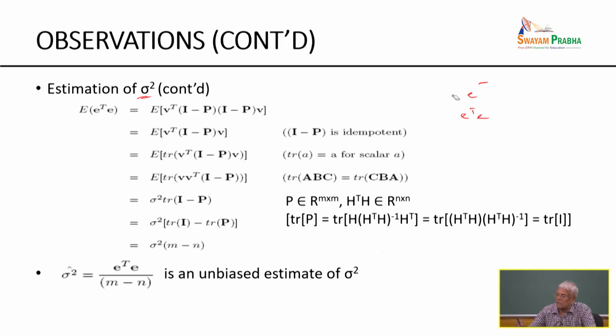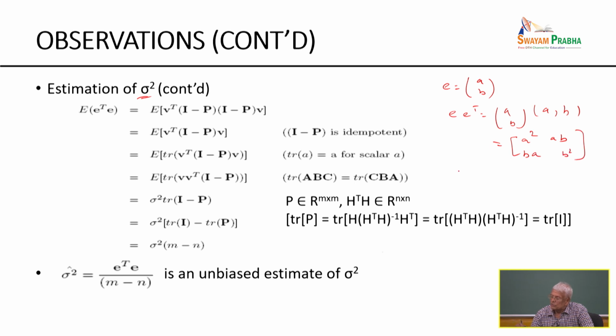I'm going to give you an example now. Let's suppose E is a vector (A, B). E E transpose is a matrix: A square, AB, BA, B square. E transpose E is equal to A square plus B square.